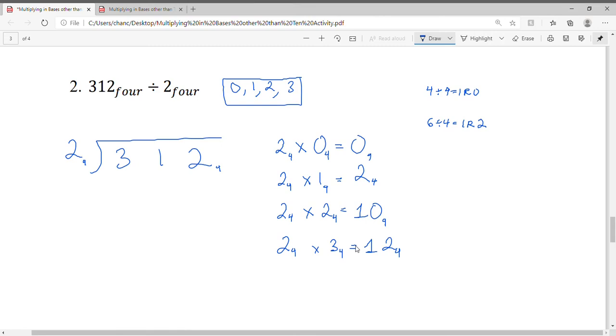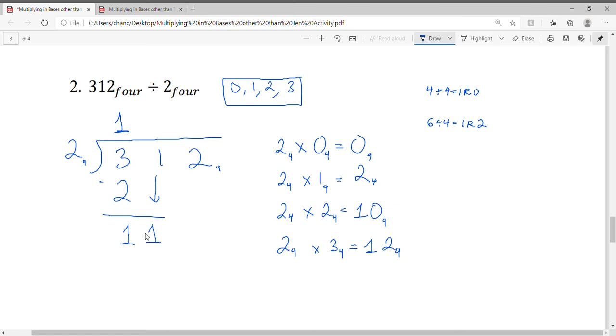If I do 2 times 2, that's way too big. So we're going to do 2 times 1. So we'll put a 1 up here, and then I'll multiply. 1 times 2. Well, that's equivalent to 2 in base 4. So let's subtract. I get a 1. Then I bring down the 1 over.